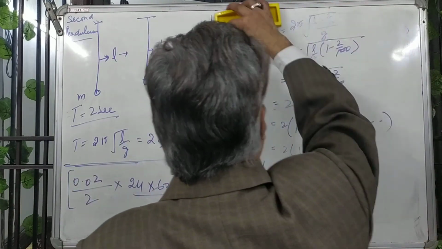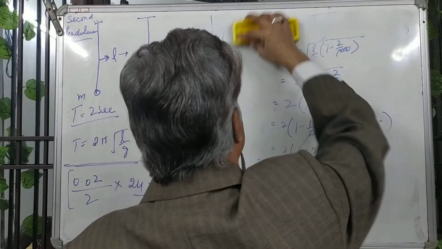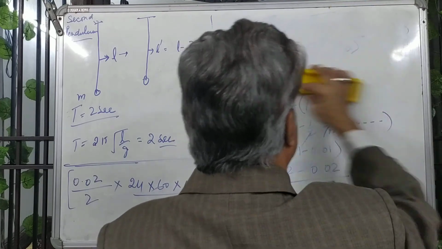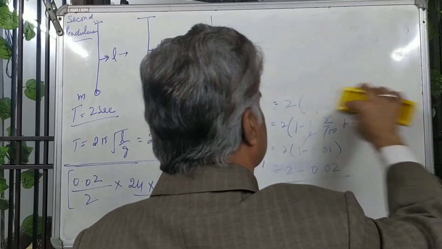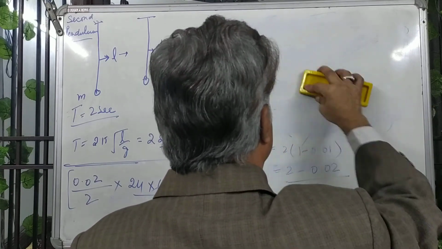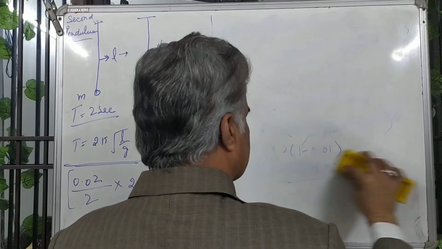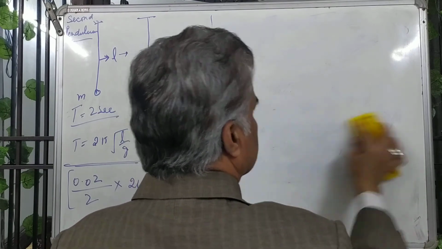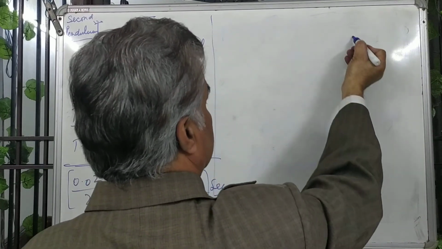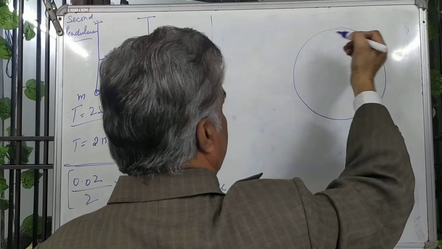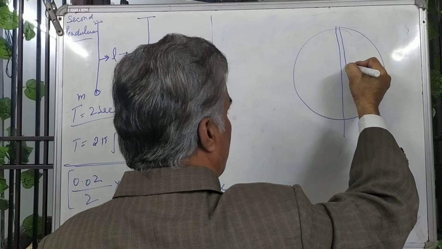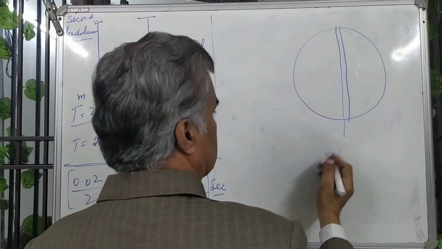And our next question is, this is the earth and you are boring across the earth, meaning a hole or tunnel is made across the earth.